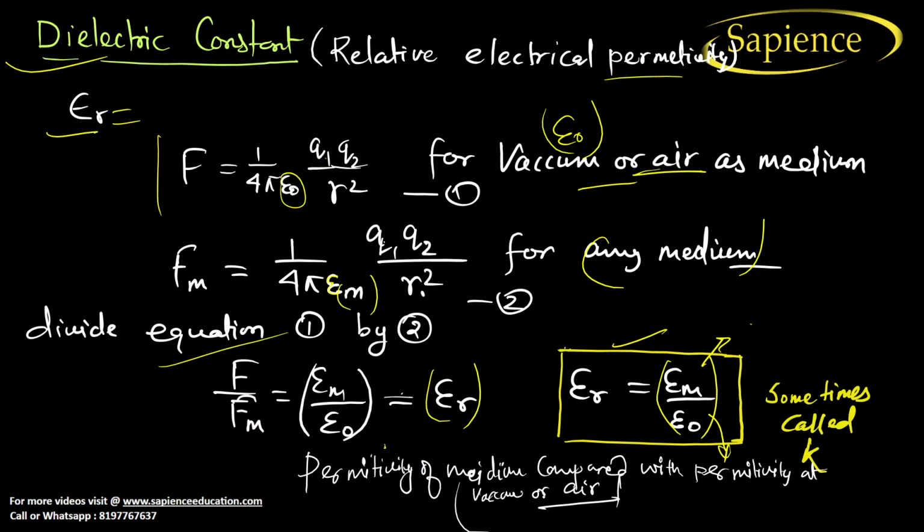Whenever we compare the permittivity in a medium with air, we get the relative permittivity. The relative electrical permittivity is known as the dielectric constant. I hope you have understood this.